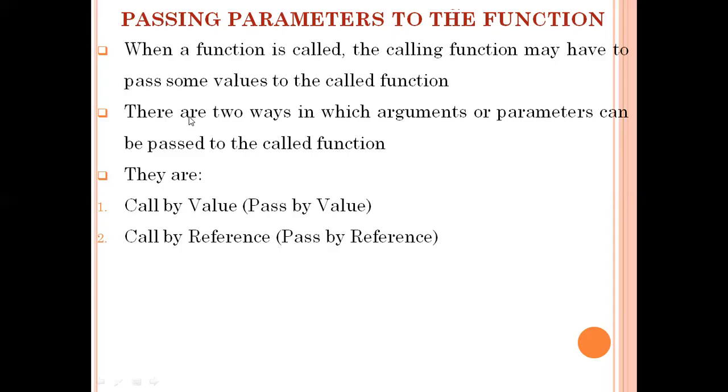There are two ways in which arguments can be passed to the called function. The first one is call by value, also known as pass by value, and the second one is call by reference, also known as pass by reference.